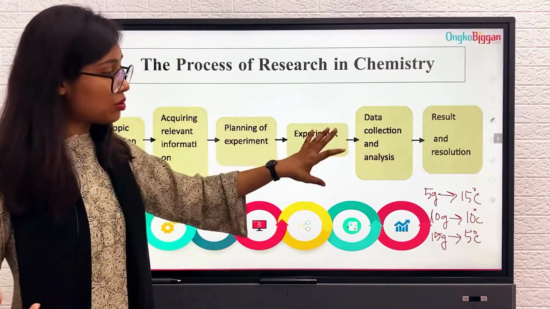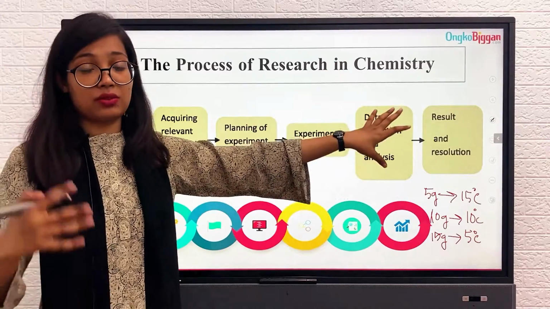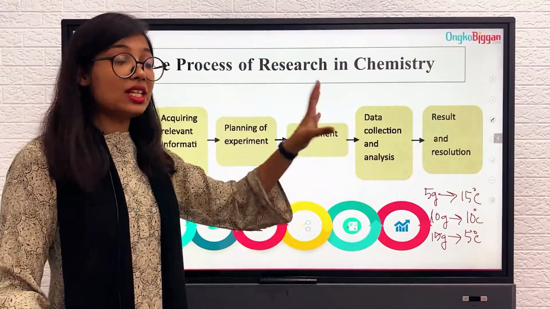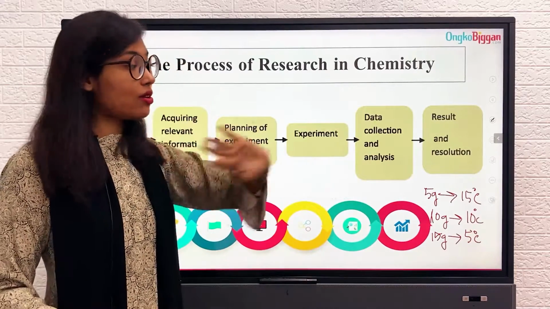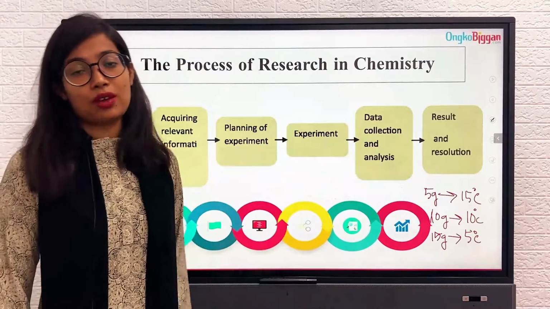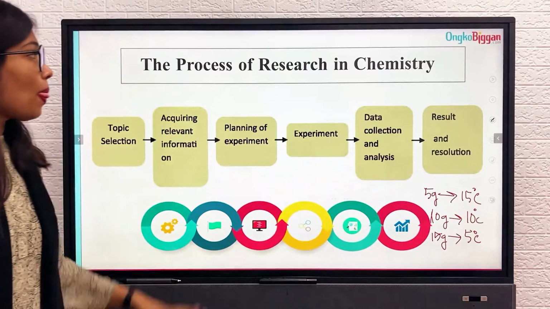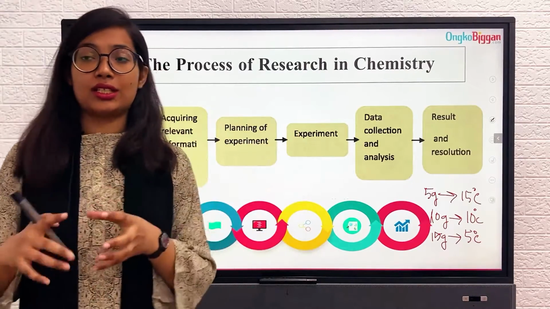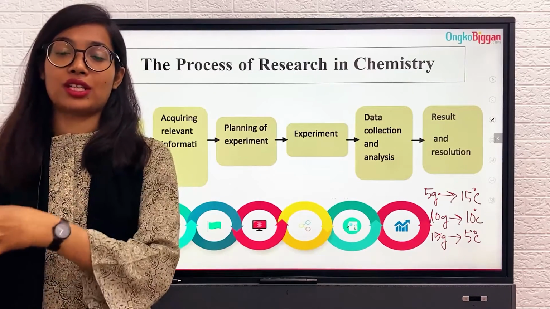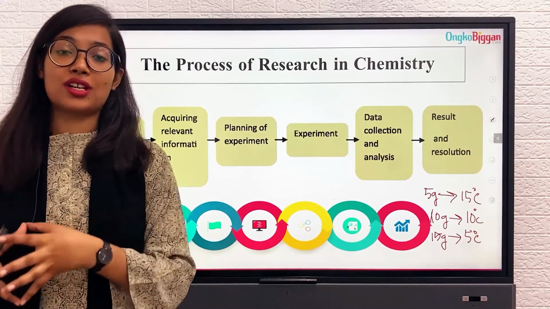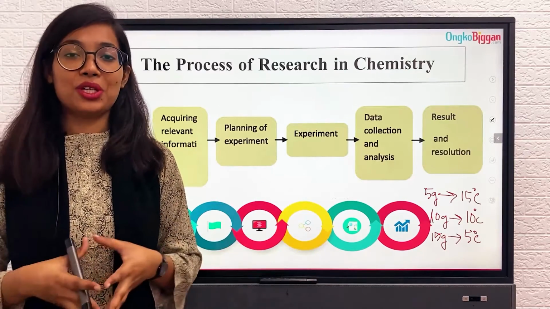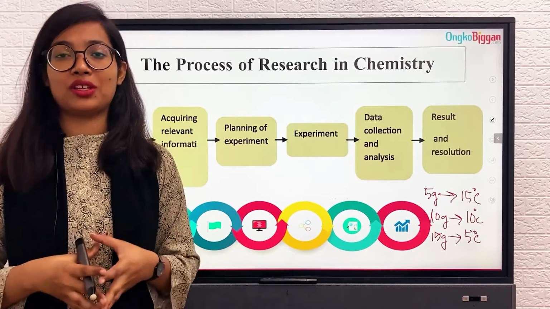Then we do the experiment, then we collect the data that we get out of the experiment, then we analyze the data, then we come to a conclusion, then we get our result and resolutions. So that's how you can research in chemistry and get the perfect desired result that you want to achieve throughout doing the experiment.